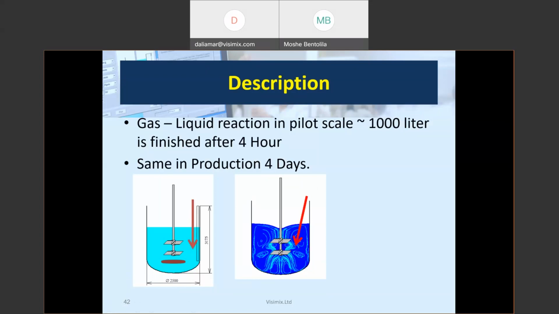You have many holes, and there are holes that are straight, and there are holes that are inclined. So we changed the feeding position of the gas to the inclined place. We enter the high shear zone, and we save. Of course, we don't get the 4 hours, okay? But we have 14 hours, not 4 days.